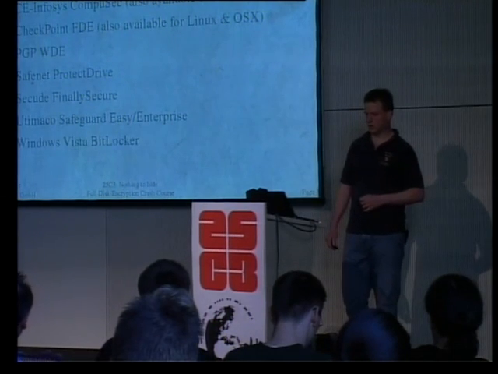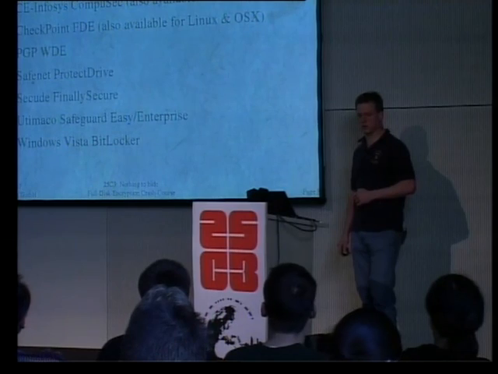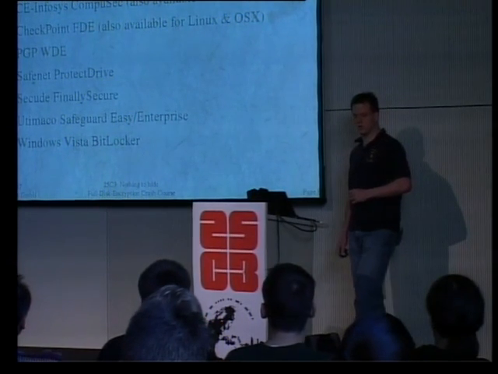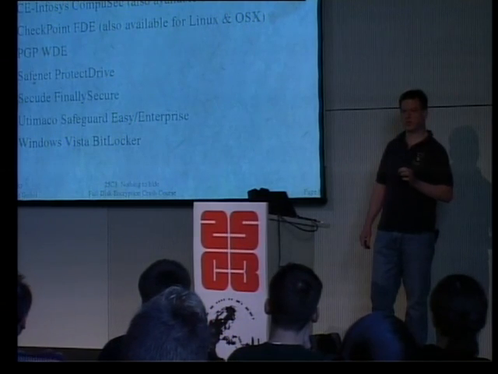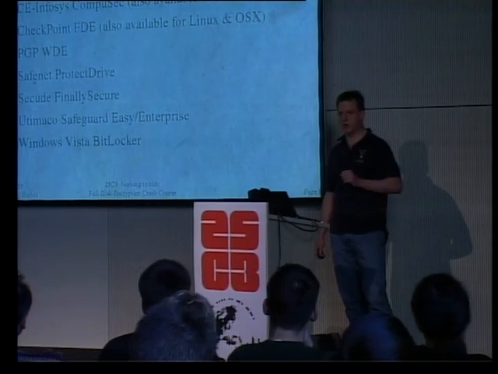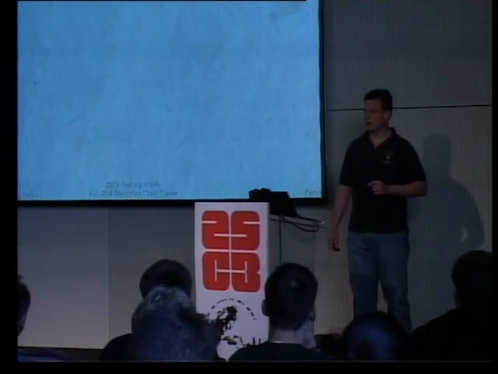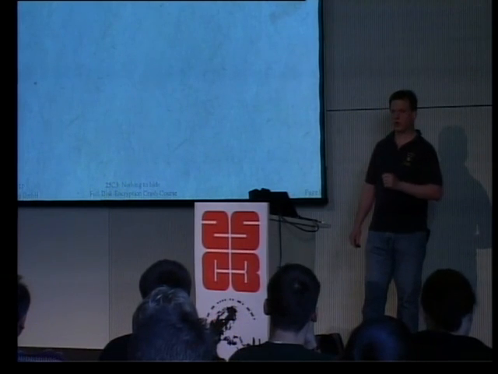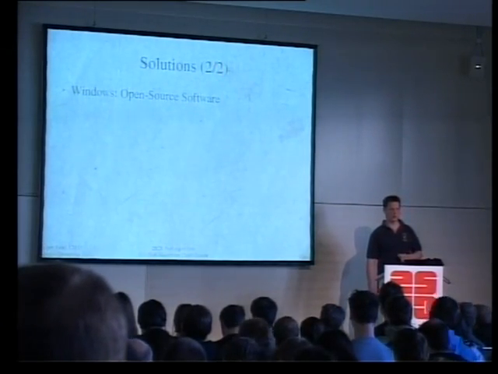And the last one is Windows BitLocker. That's interesting because it has a specific feature that we'll get to in a moment that no other product has. So the other solutions for Windows open source, I'm sure everyone has heard of TrueCrypt.